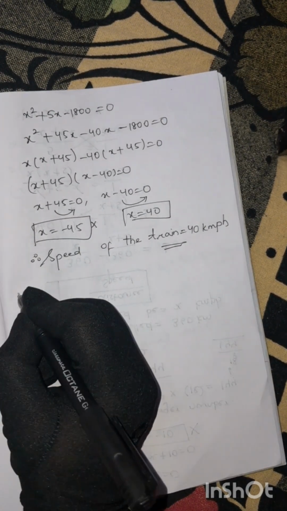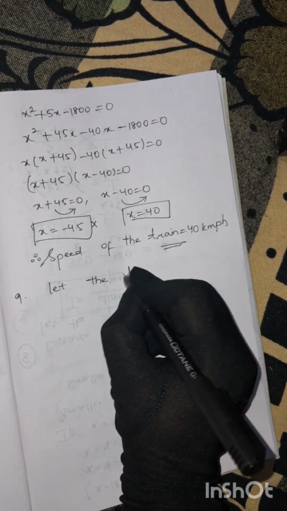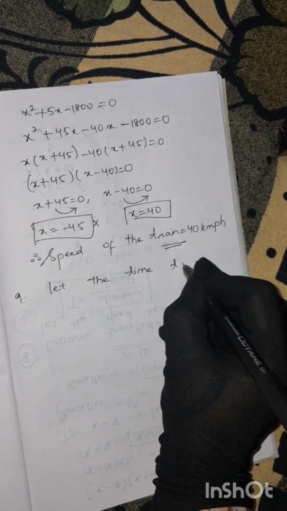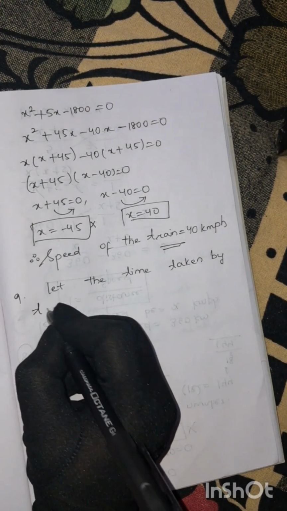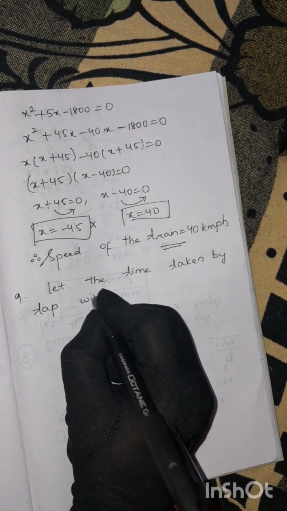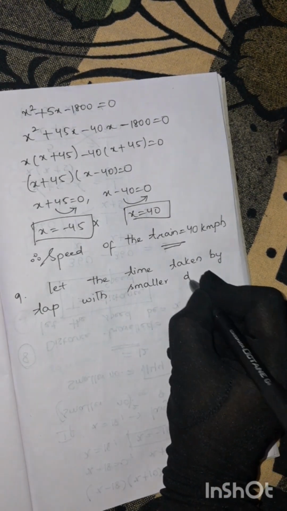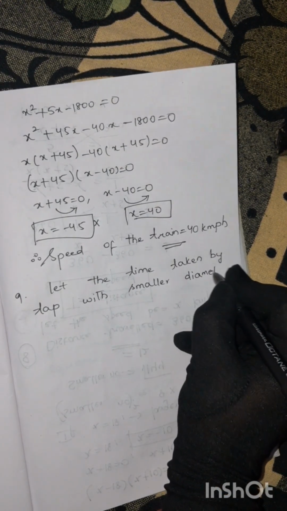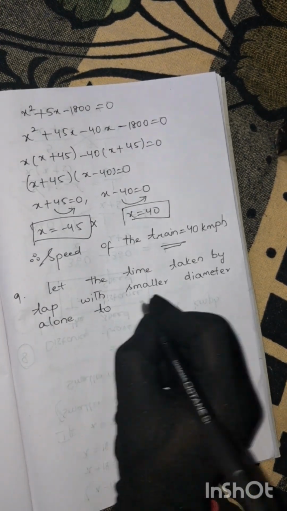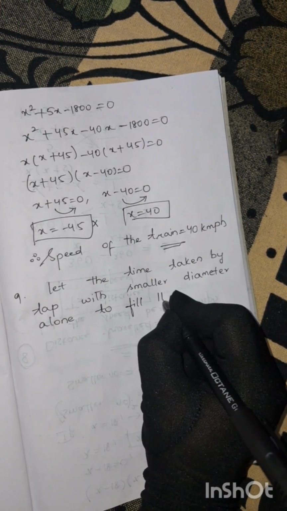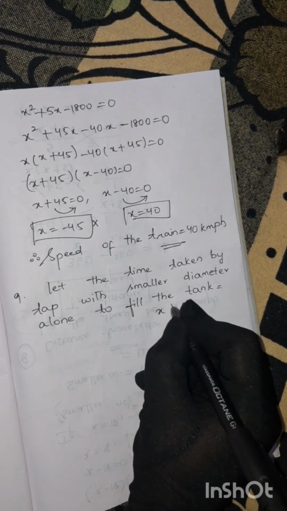So first what we'll do is let the time taken by tap with smaller diameter alone to fill the tank be x hours.